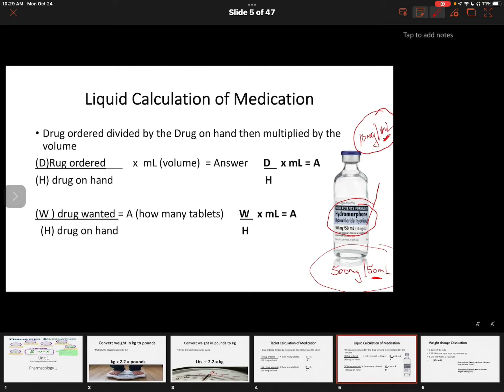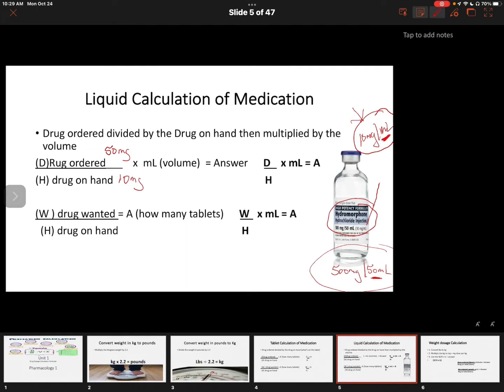So let's just say that the physician had ordered 50 milligrams. That's what's ordered. What I have on hand is this right here, 10 milligrams. And then the volume in milliliters is going to be this.